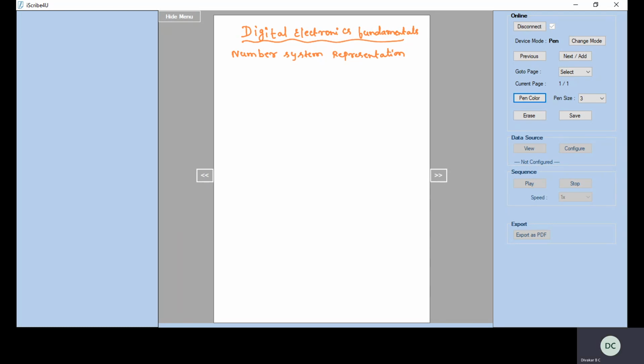The advancement in the field of digital technology, digital computers, embedded systems, etc., can communicate and operate with binary numbers, which are represented by only two digits, 0 and 1.